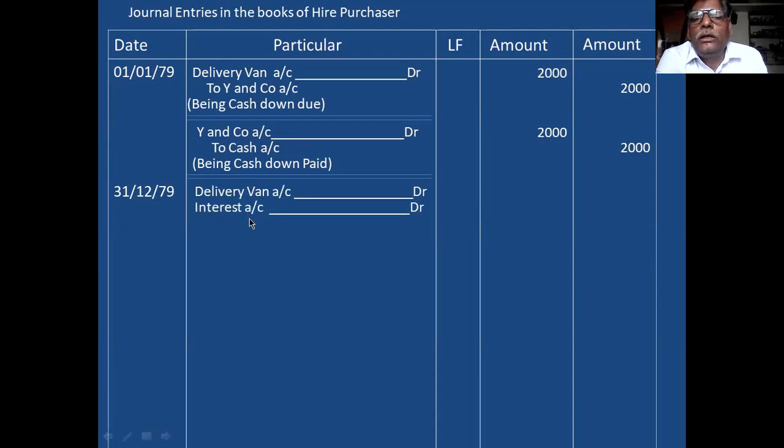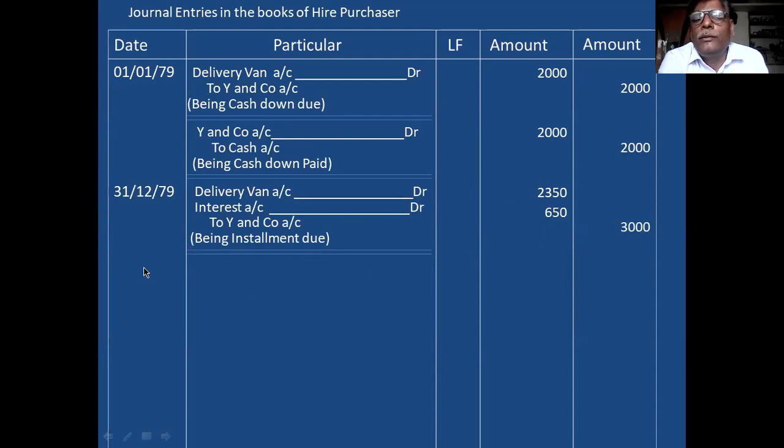Delivery van account debtor, interest account debtor to Y company account, being installment due. Here you take van account principal, interest account interest, Y account installment. Remember this. Being installment due.